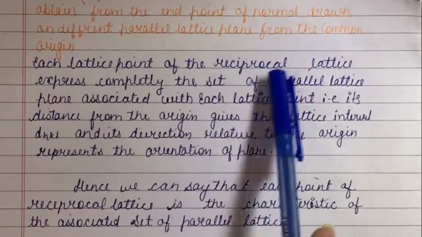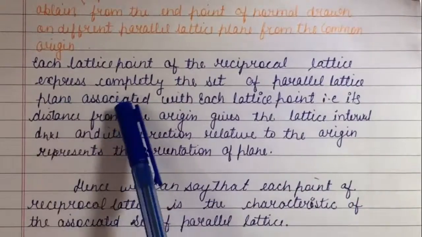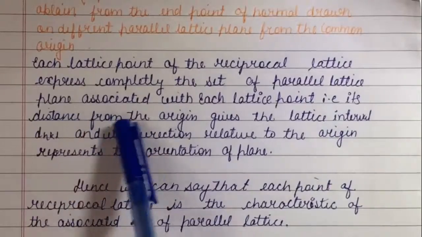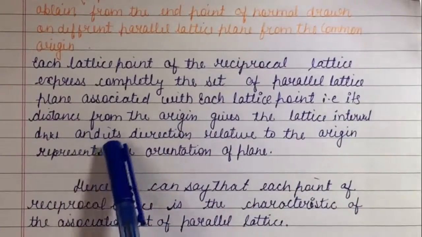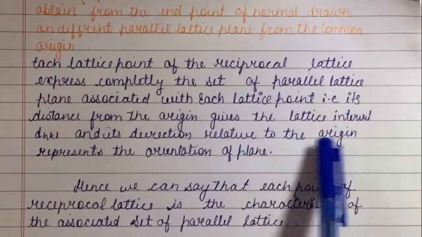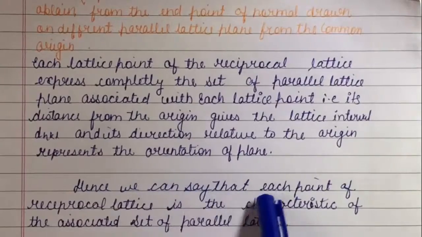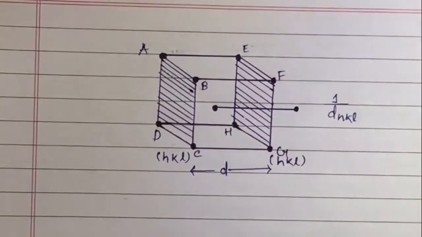Each lattice point of the reciprocal lattice expresses completely the set of parallel lattice planes associated with it, that is, its distance from the origin gives the lattice interval d_hkl and its direction relative to the origin represents the orientation of the plane. Hence, each point of the reciprocal lattice is characteristic of the associated set of parallel lattice planes. In the diagram, we can see a crystal lattice.